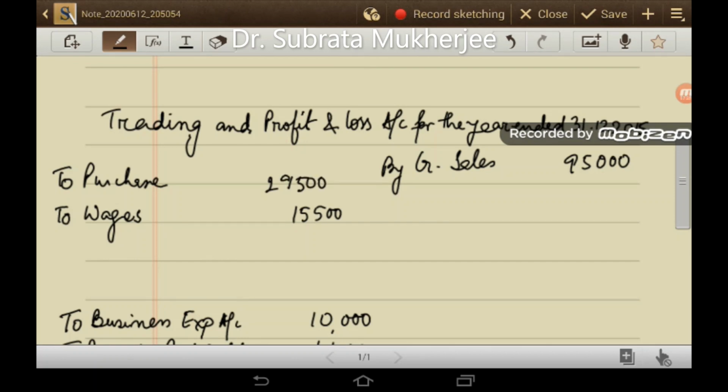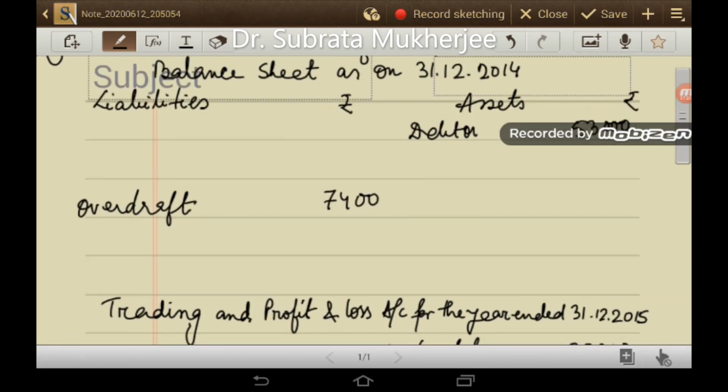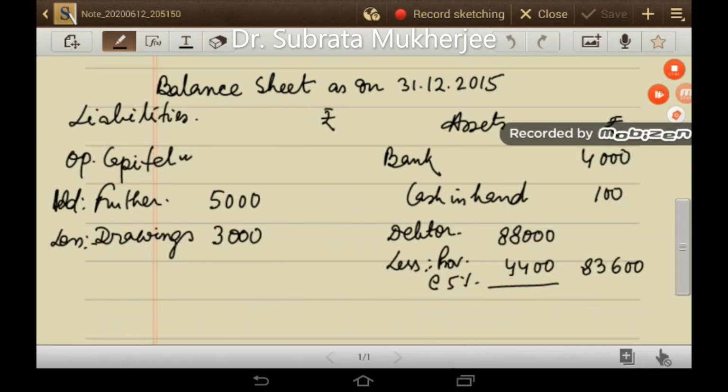The opening balance of creditor in your opening balance sheet is rupees 15,000. And the closing creditor balance I am writing in the liability side of the closing balance sheet. So this figure is 19,500. The next item is stock in trade.